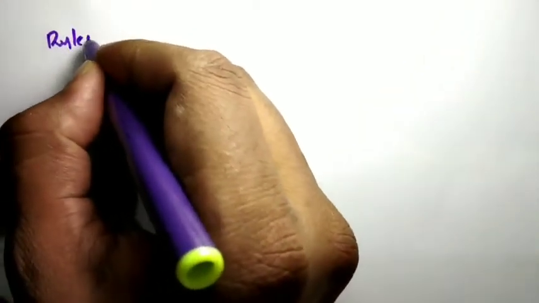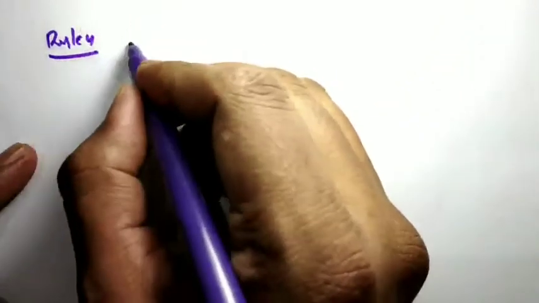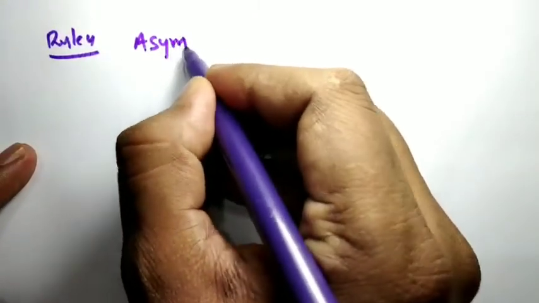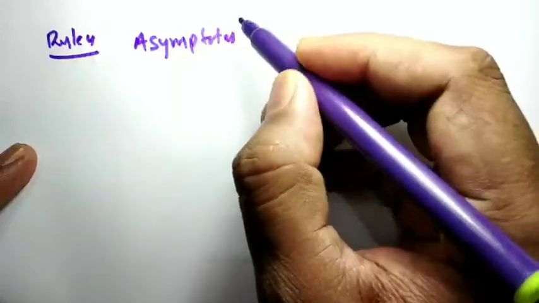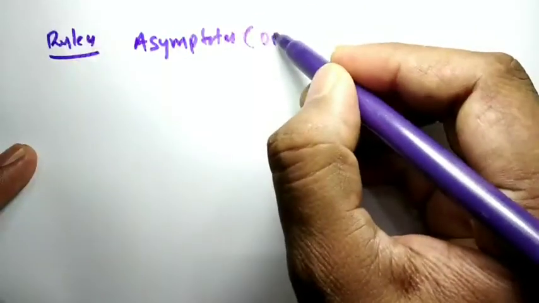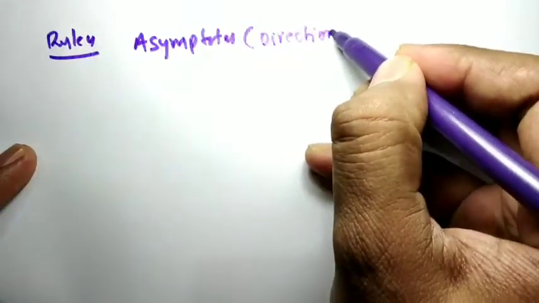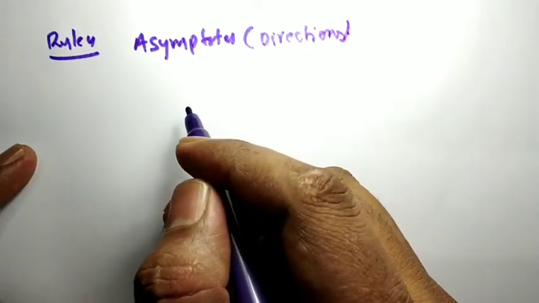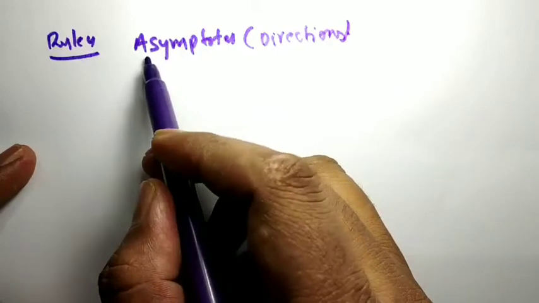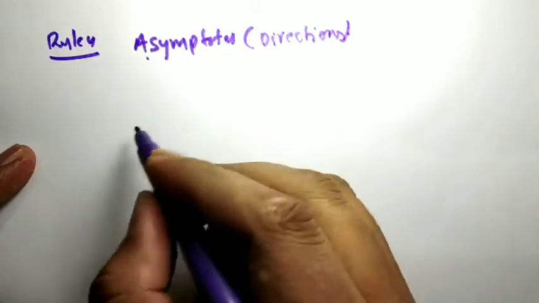So rule 4, I'm going to explain rule 4. Rule 4 is asymptotes, and we can also say the directions. Okay, so what is the formula for these asymptotes?